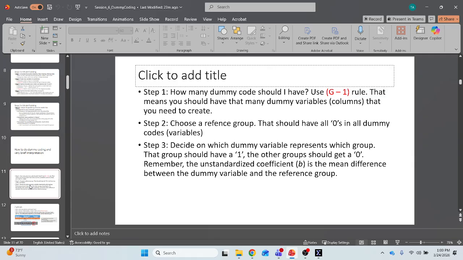If I make females my reference group, then my results would say the males are being compared to the females. So your reference group is like your goalpost. If your data produces something, it's always going to be compared to that reference group. So pick that one.